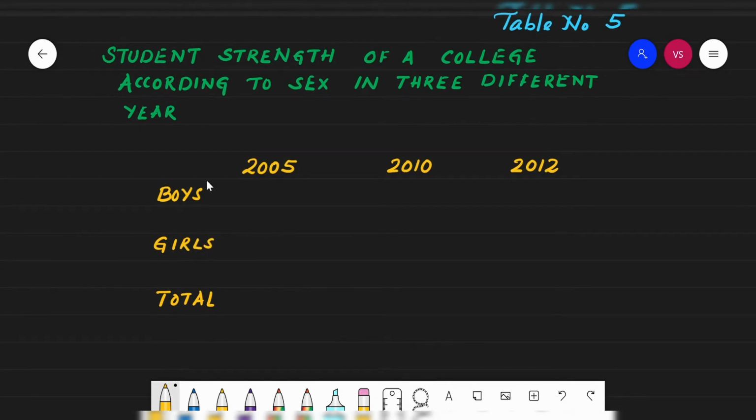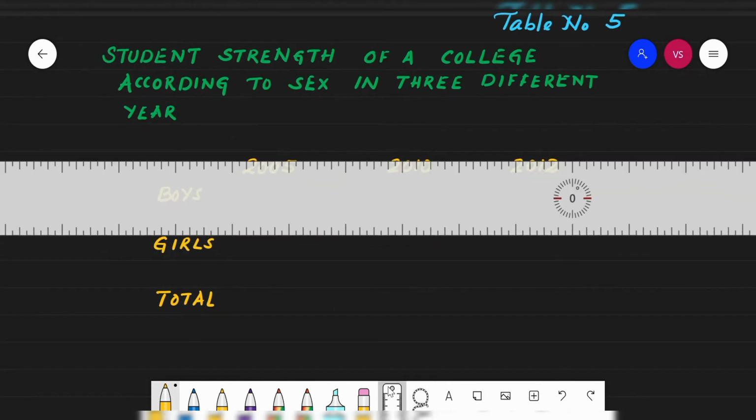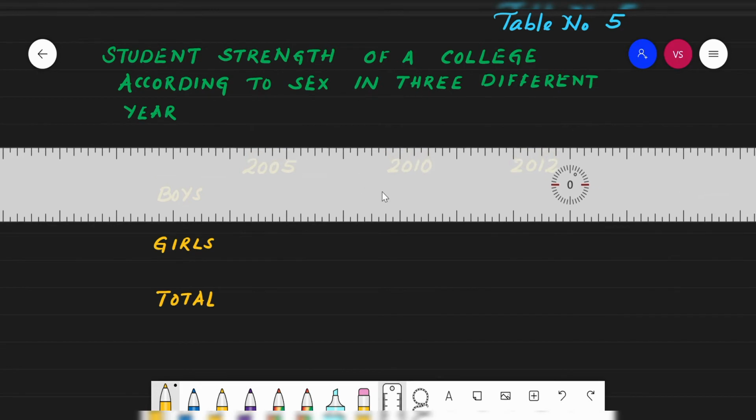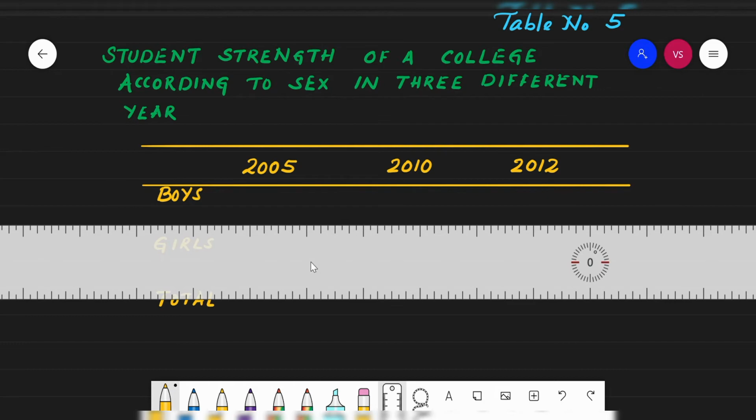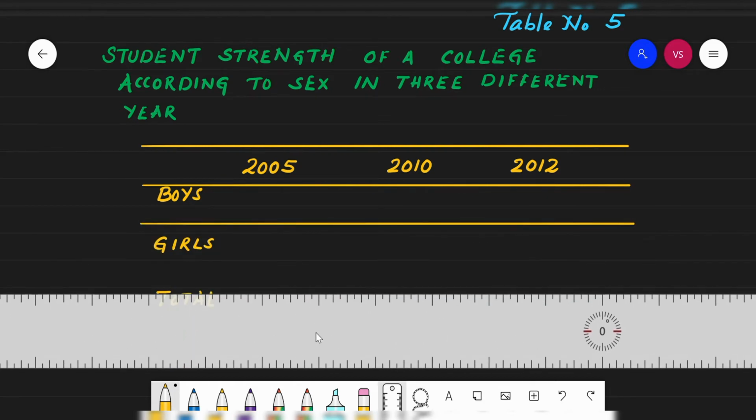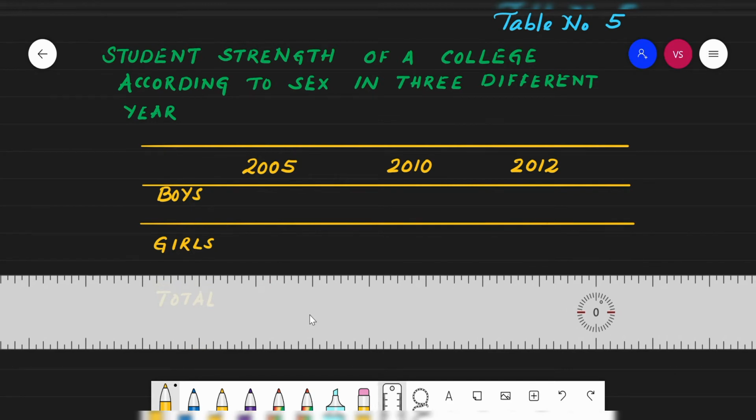Let's make it very neat, again drawing some lines so that it will be easy for us to understand. I'll do it with the same color. Fine, this is one, then this is another one, then this is another one. Then we have girls.